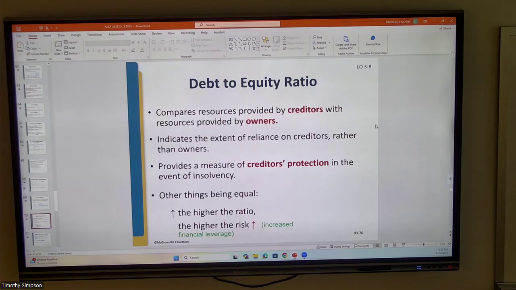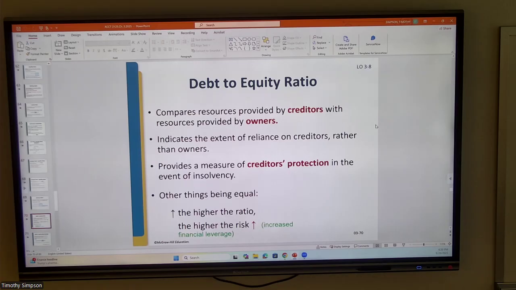The assets are funded somehow, and the share of interest in those assets is in the form of owner's equity, or creditor's equity, which is simply debt. So we say the lower the better in general, because it means the company is less leveraged. And leverage in the balance sheet context refers to how much debt the company has.